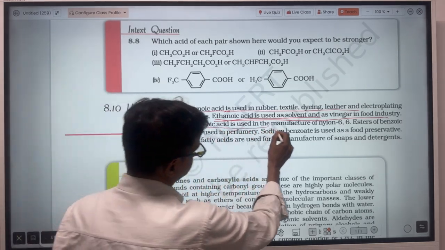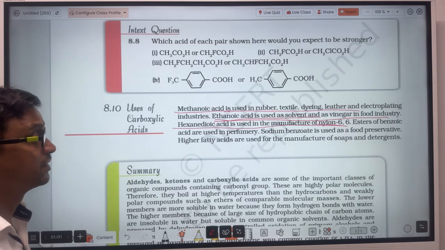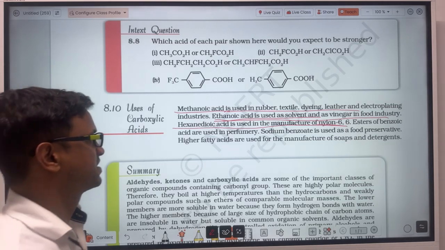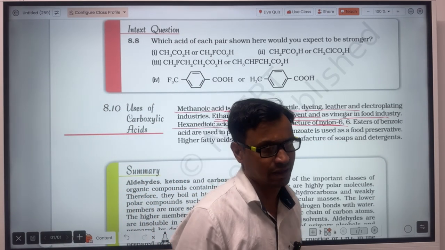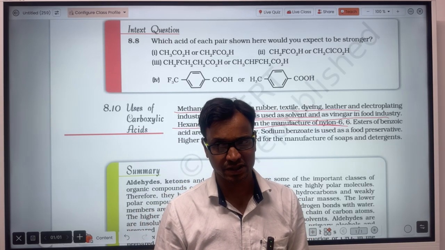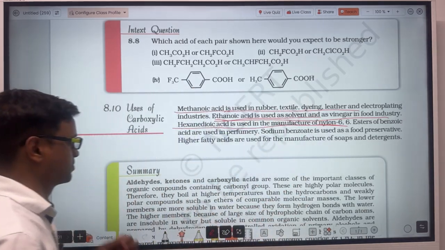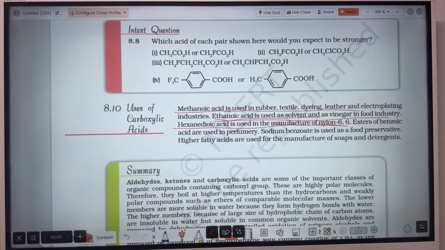Hexanedioic acid, nylon 66, it is used to make nylon 66. How the nylon 66 forms, about that I shall tell you when I teach the polymer. But even though, let's see right now also. Hexanedioic acid, what actually is nylon.